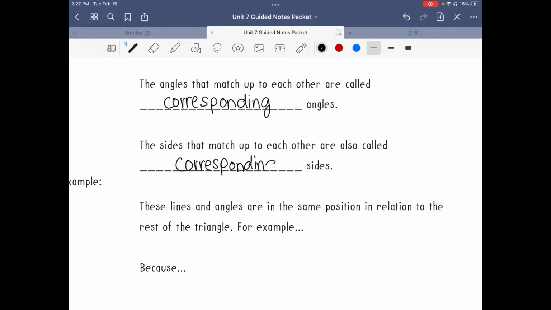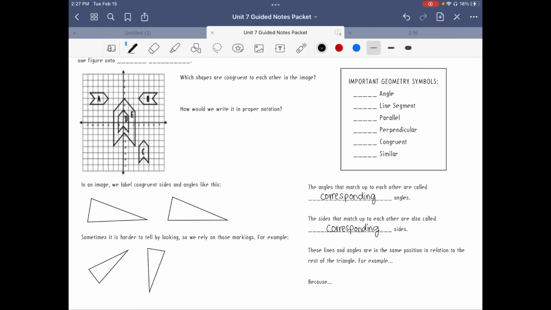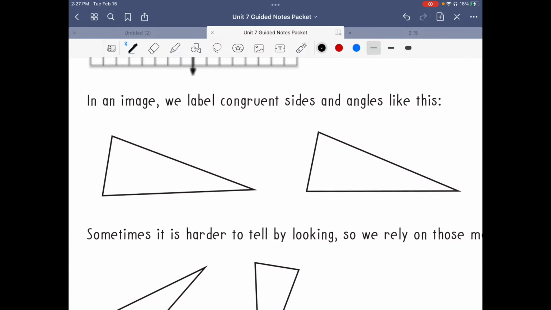So let's start with our corresponding angles. If this angle is the same as this angle, we could mark it like this and say those are corresponding angles because they're in the same little top corner. So they're corresponding because of their position.